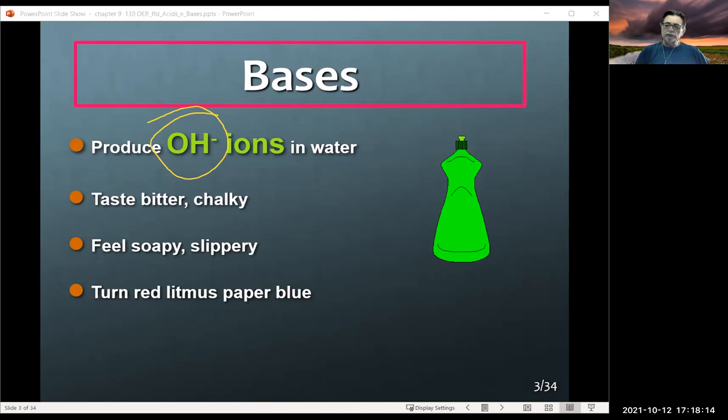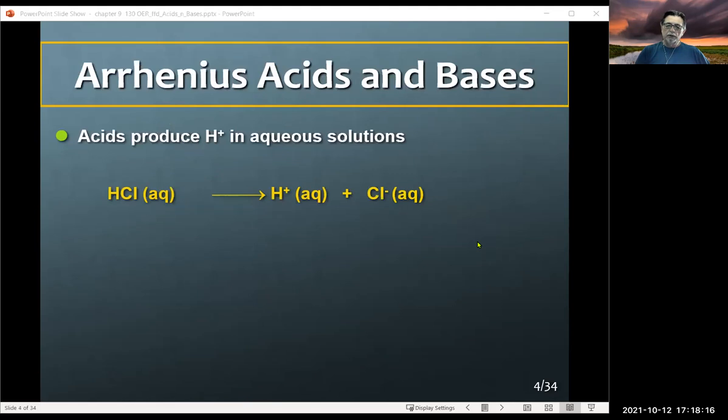All right, now, we have two definitions of acids and bases, okay? And we have a scientist named Arrhenius who defined an acid and a base. Now, by the Arrhenius definition, any acid that produces a proton in aqueous solutions is an acid.